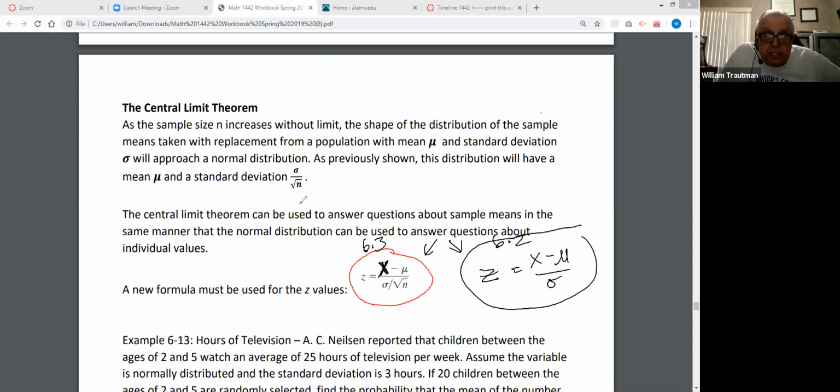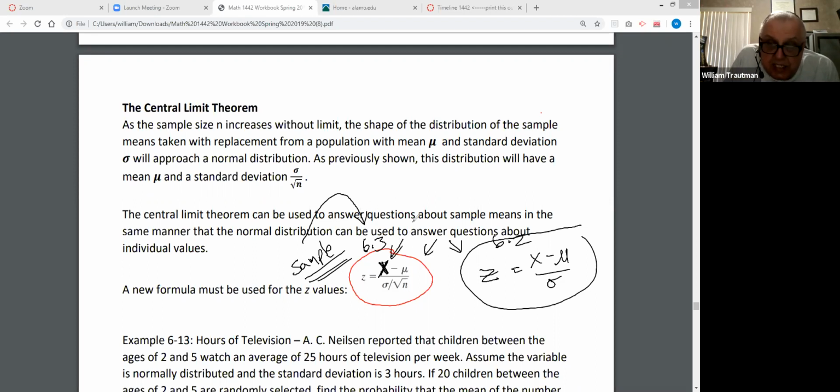The 6.3 formula is used when the paragraph states that you are dealing with a sample. When I drew a sample, 50 people were selected.